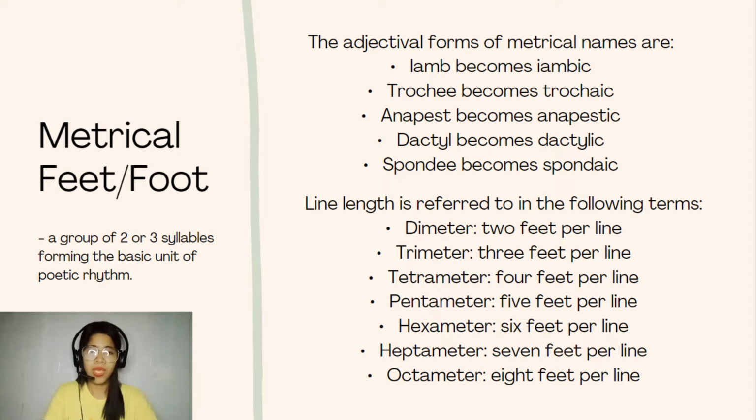If we see 4 feet per line, we call it tetrameter. If it's 5 feet per line, you can call it pentameter. 6 feet per line, you call it hexameter. If there are 7 feet per line, you can call it heptameter. And you call it octameter if it has 8 feet per line.